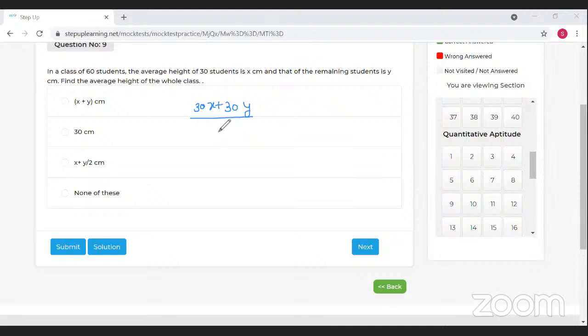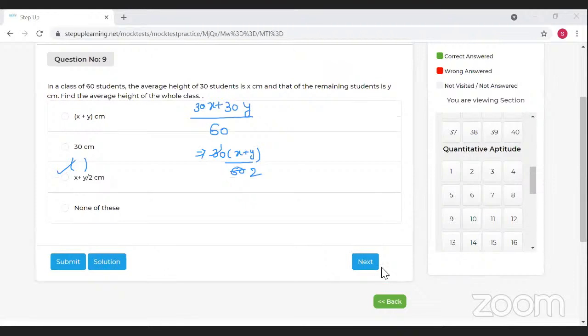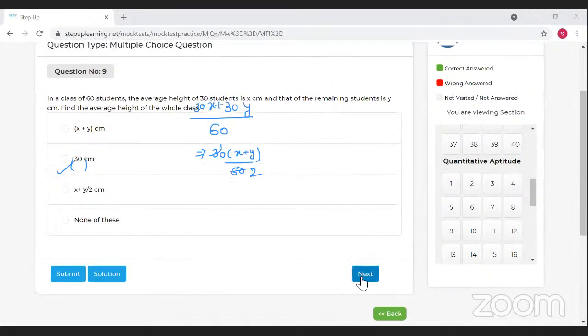And how many students? 60 students. That's the average. So 30 take common, X plus Y by 60. Answer is X plus Y by 2. Answer is option C. Right? Done? Correct. Okay, we'll move then to the next one.